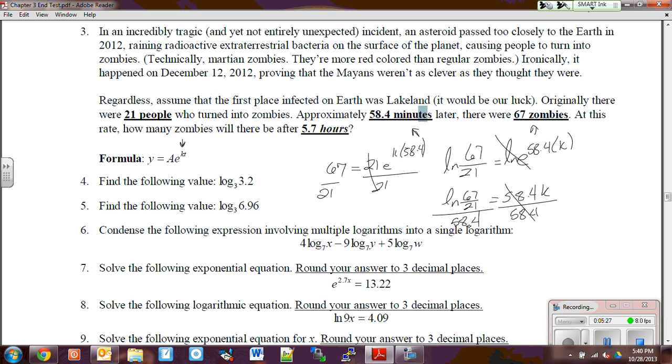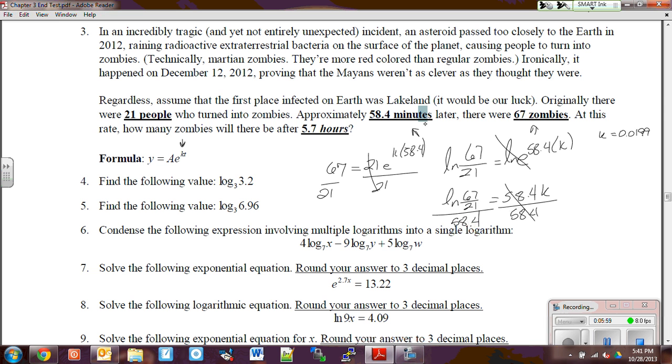You can type all of this into your calculator as is, and that's what I would recommend doing, because that way you don't have to round and you can still get the correct answer. All right, so k, rounded to 3 decimals, or 3 significant figures, is 0.199.